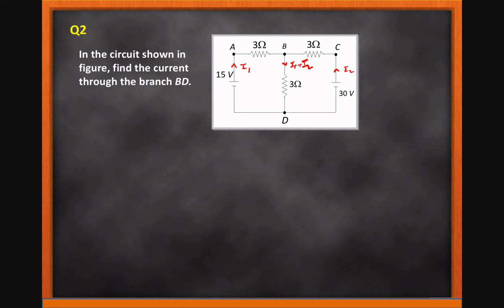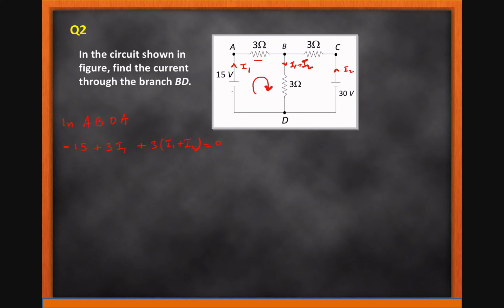So apply Kirchhoff's law in loop A, B, D, A. We'll get minus 15, because the negative terminal comes first. Then the potential difference across the 3 ohm is 3 I1 with plus, then plus 3 times (I1 plus I2) is equal to 0.